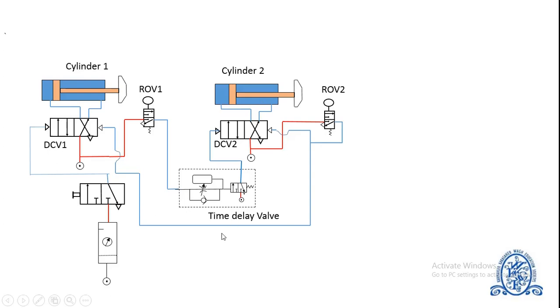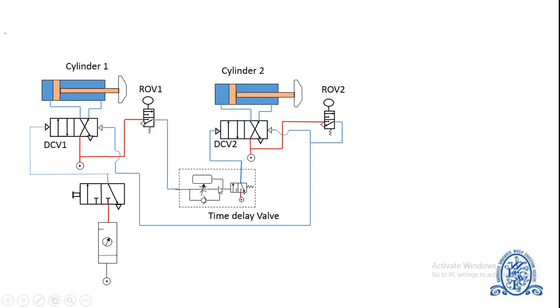A time delay valve is basically a combination valve which is used to set the operation time as per the requirement. The time delay can be increased or decreased by adjusting the flow through this non-return flow control valve. This change actually increases or decreases the time taken to fill this particular chamber.